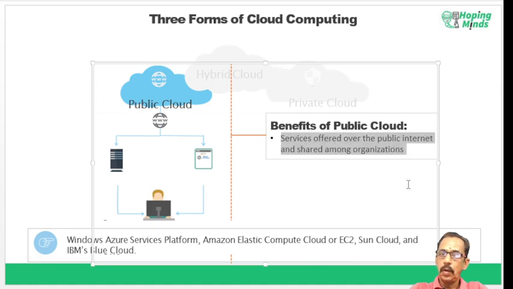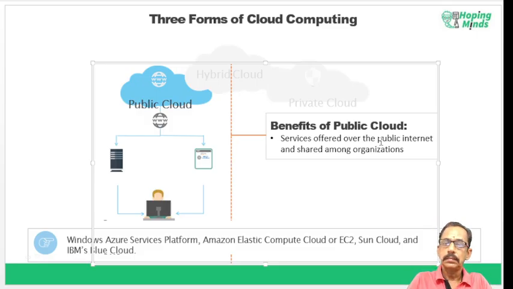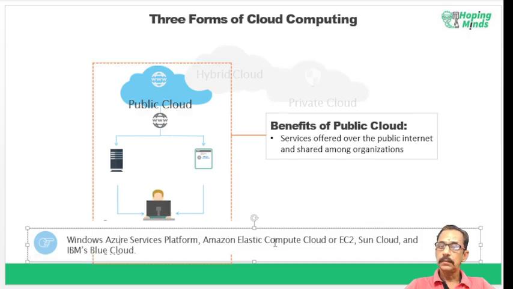Services are offered over the public internet and shared among organizations. The user can sit anywhere and start using the public cloud, and it can be shared among different organizations. The main providers nowadays are Azure, AWS, Alibaba, and many more, even GCP, Google Cloud Platform.